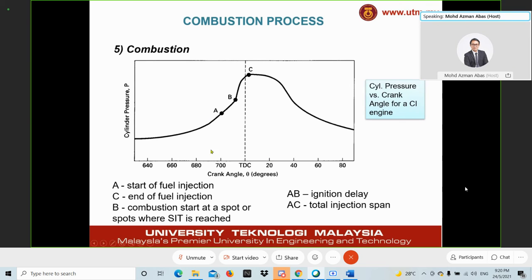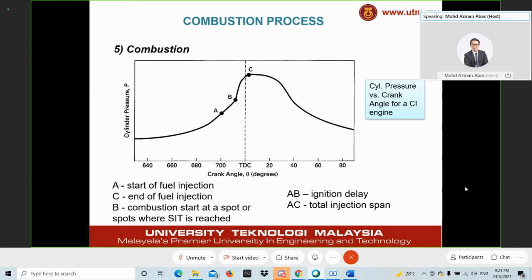So you can see that this is the profile of the cylinder pressure plotted against the crank angle, starting from the start of the fuel injection. If you recap back on the SI engine, A is where the spark plug starts to trigger.